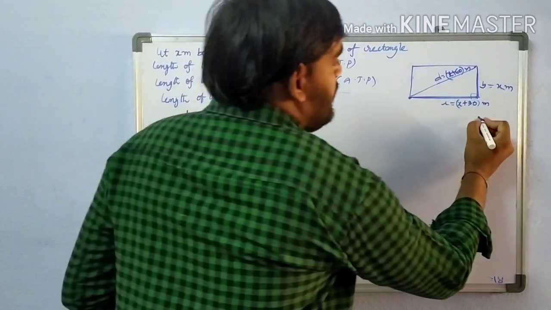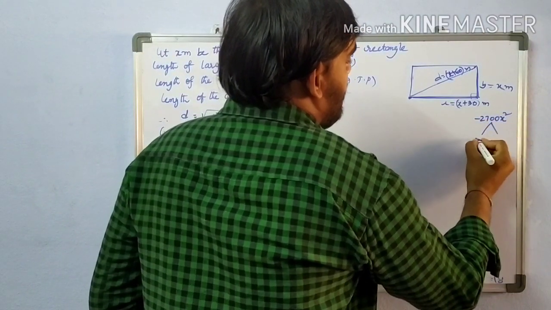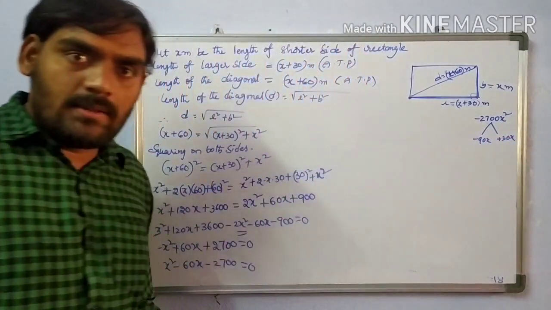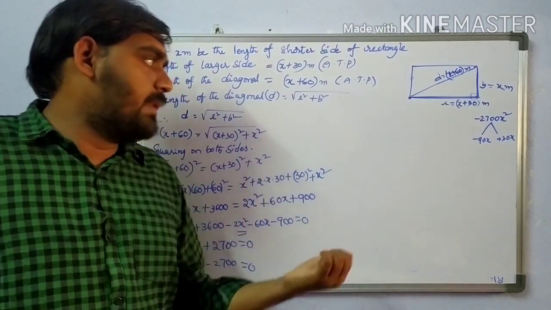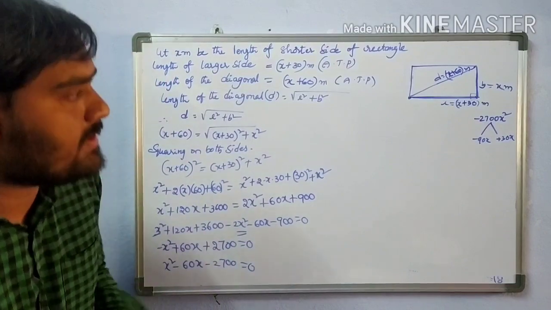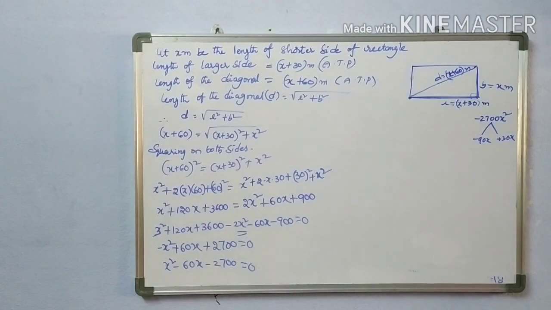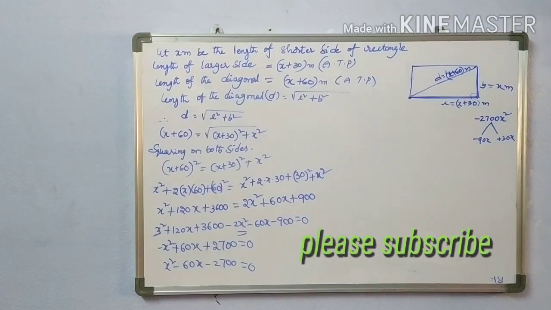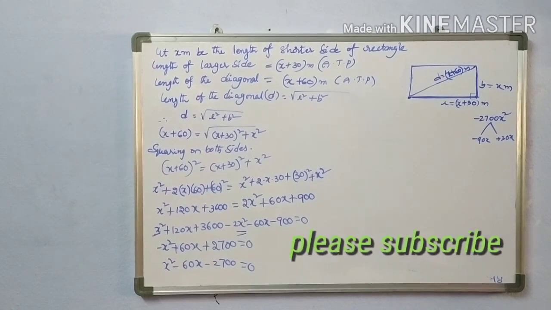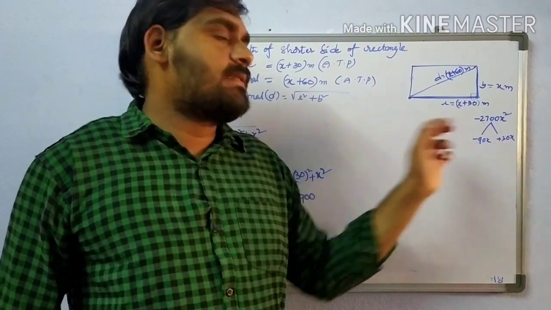So minus 2700 x square I can write as minus 90x plus 30x. How could I get it immediately? I did many problems, so that only we will get like this. Okay, by common sense we can get these two factors. By common sense I got minus 90x plus 30x.